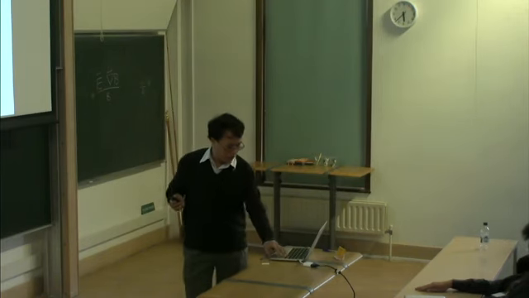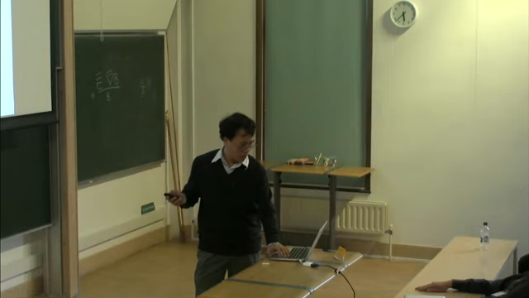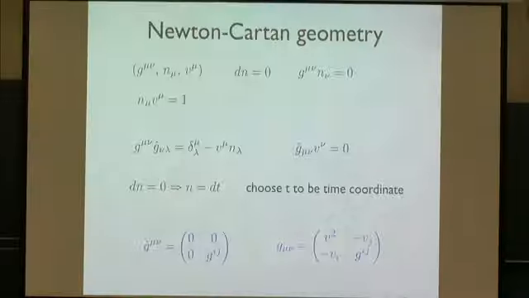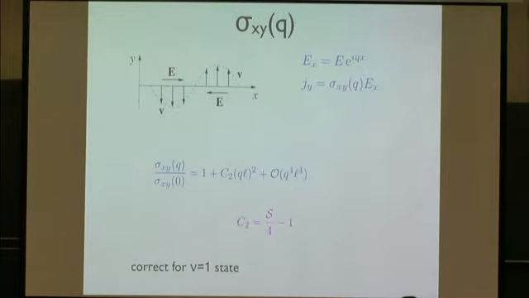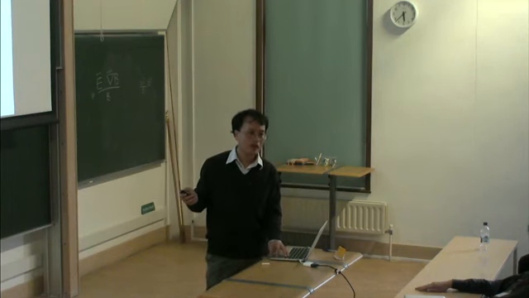Okay, so this result is valid for the integer quantum Hall effect, where the shift S is equal to 1. So this can be verified. Yes, you still have a finite shift.